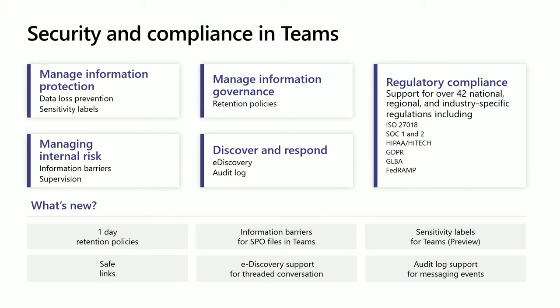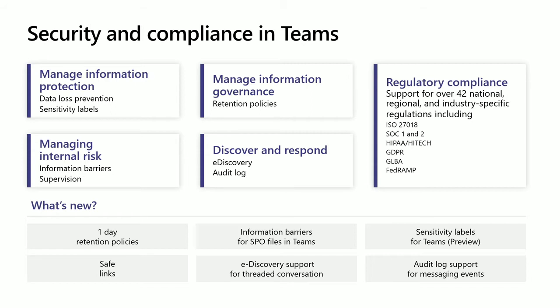And when we started creating Microsoft Teams, we very quickly realized that you're used to the security and compliance capabilities that we have in Exchange and SharePoint. And for you to use Microsoft Teams, we had to be at the same standard. And that is why security and compliance has been a big focus of our engineering team from the very beginning.